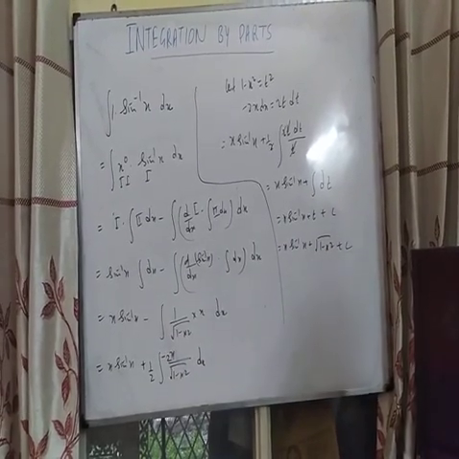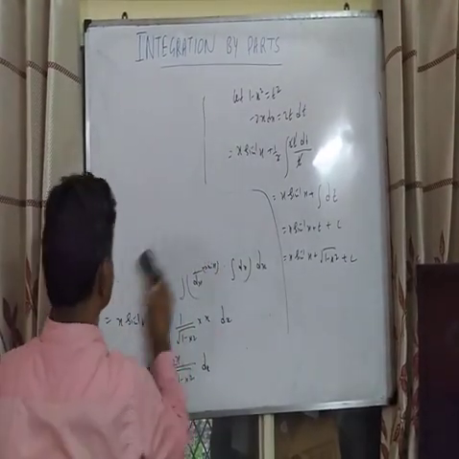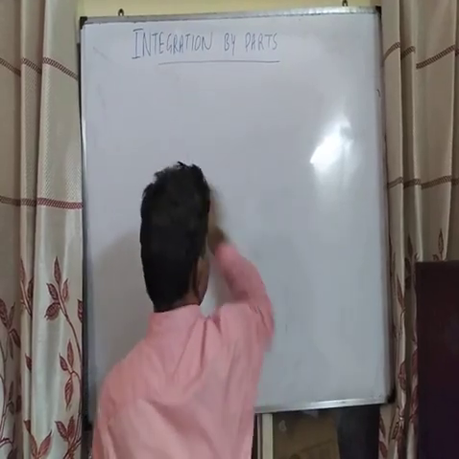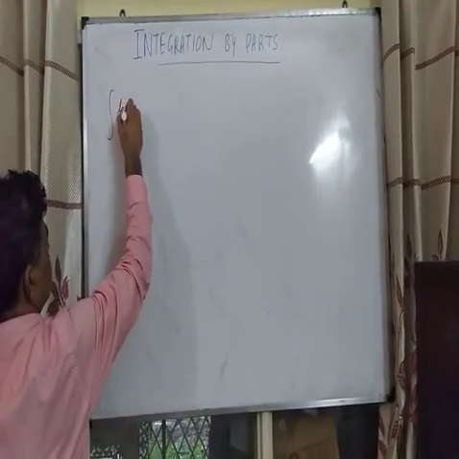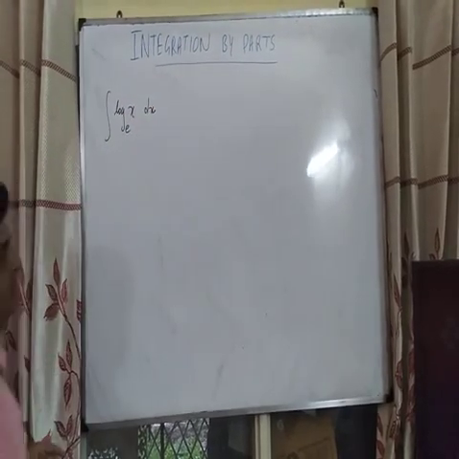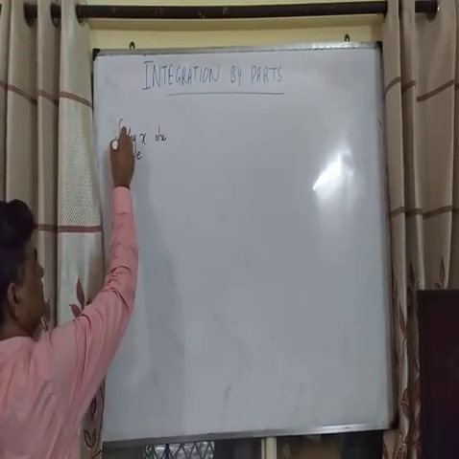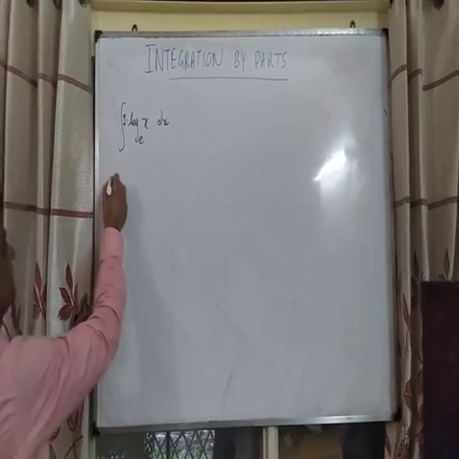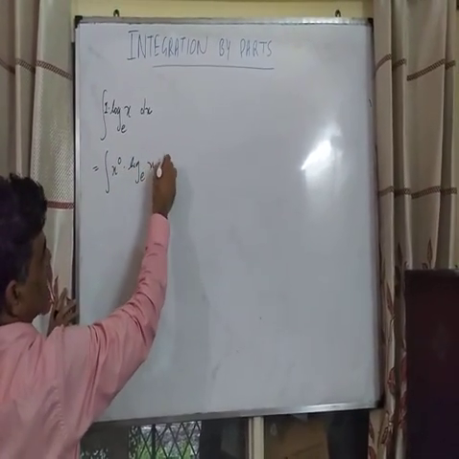Now we are going to the next question: integration of log x dx. Here there is only log x, so we put 1. So we can write this as x to the power 0 log x dx.